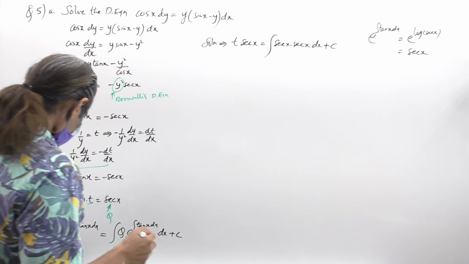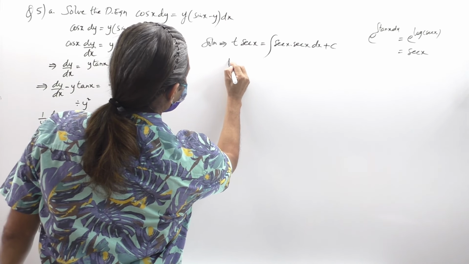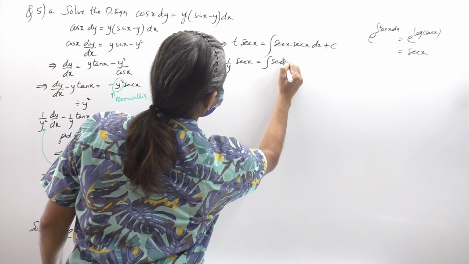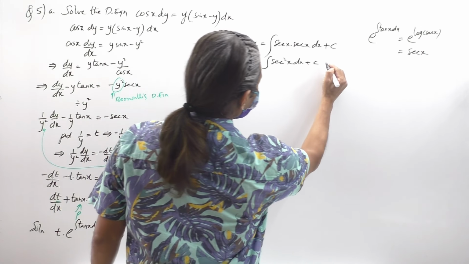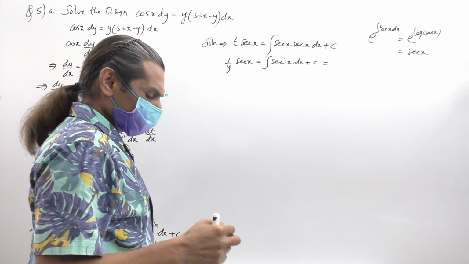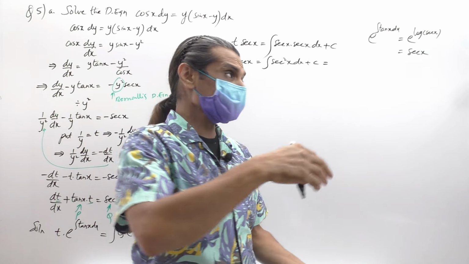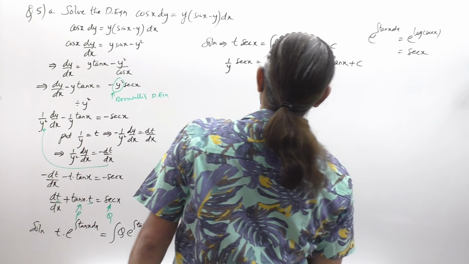T we have chosen as 1 by y. So 1 by y into secant x equals integration of secant square x dx plus c, and a very simple integration. See, differentiation of tan x is secant square x. So obviously integration of secant square x is tan x, so it is tan x plus c.